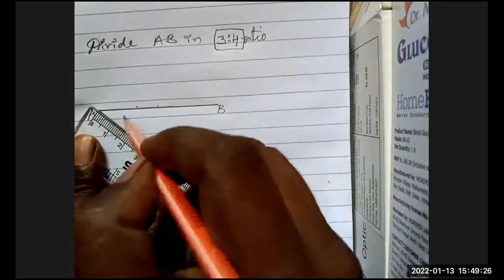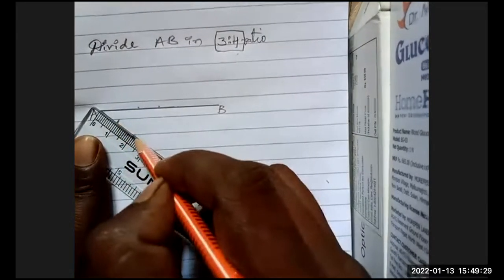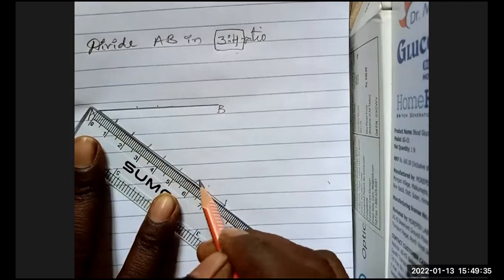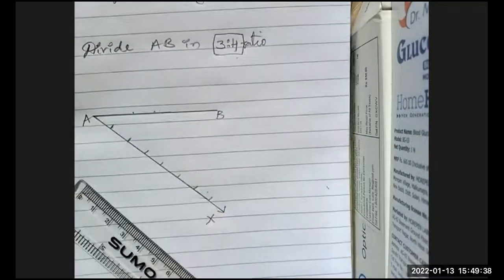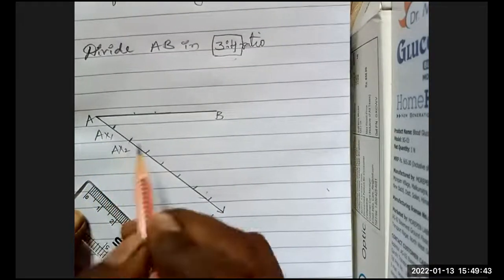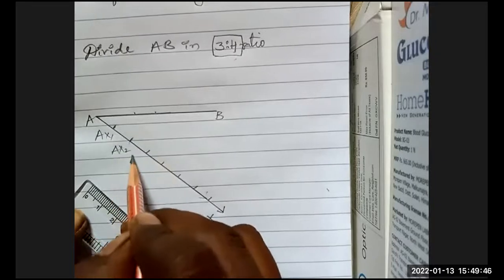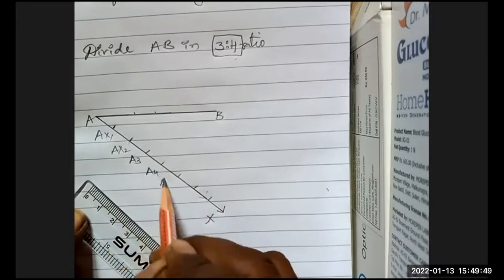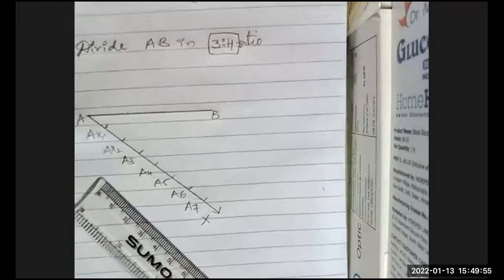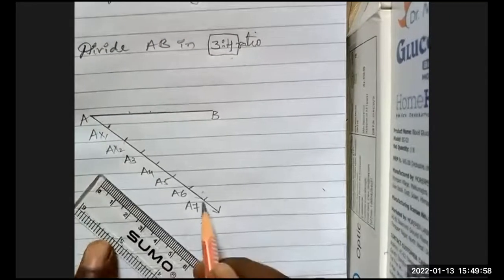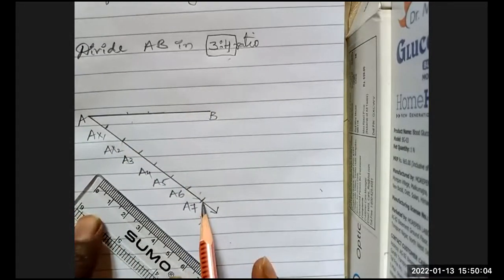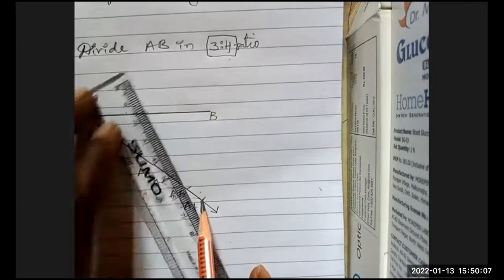So I'm putting a mark at 1 centimeter, 2nd centimeter, 3rd, 4th, 5th, 6th, 7th. So I have made 7 equal parts. Now I'll write it as AX1, AX2, or you can also write it as A1, A2, A3, A4, A5, A6, A7. Okay, so I have made 7 equal parts till A7. Since we are asked to divide it into 3:4 ratio, now join the last point, with point B.